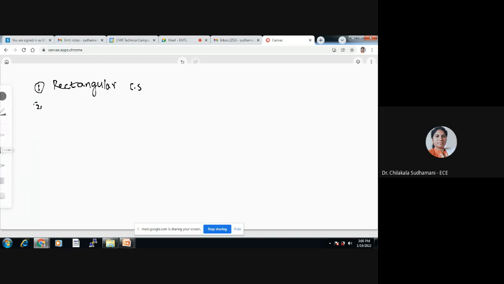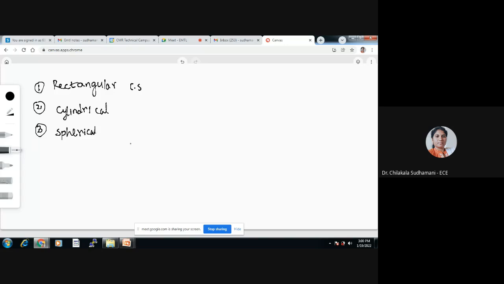And the second one is the cylindrical coordinate system. And the third one is the spherical coordinate system. These are the three coordinate systems we have.